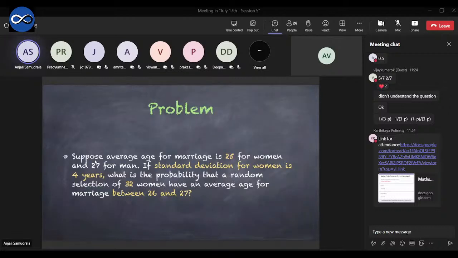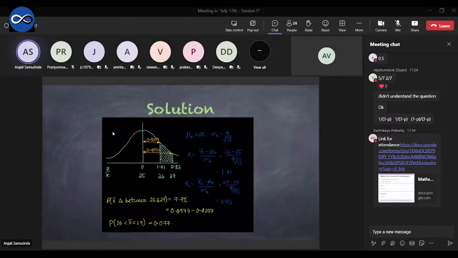So when we are given a question, we have to just plot the graph, mark the mean 25. Then we have to calculate the new standard deviation, which is sigma by root n. Then we have to find the normalized constants for 26 and 27. Then we have to find the probability for 1.41 and 2.83 from the tables.